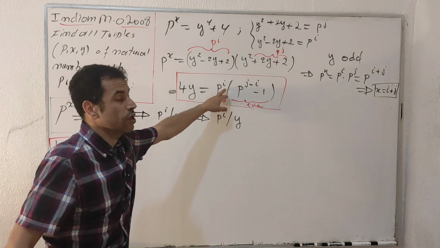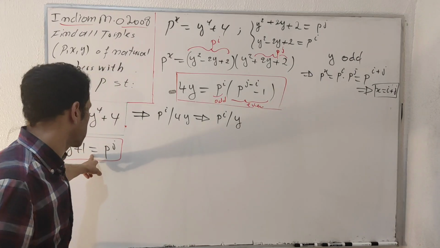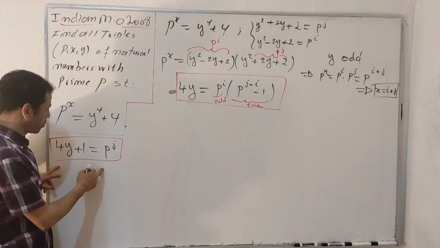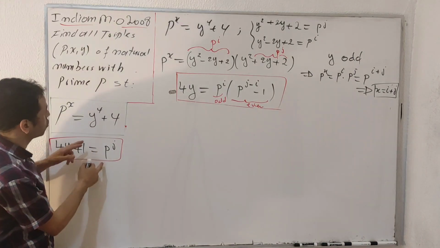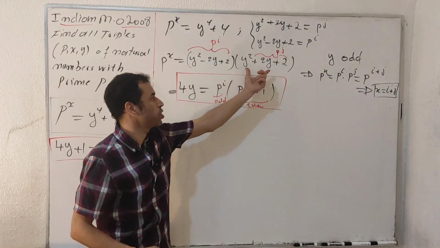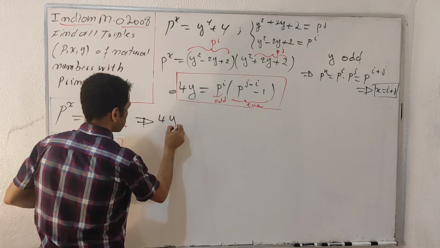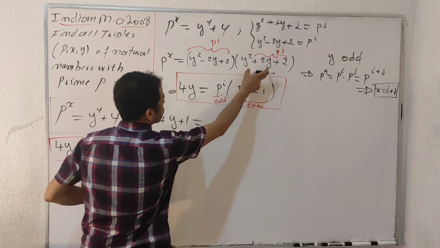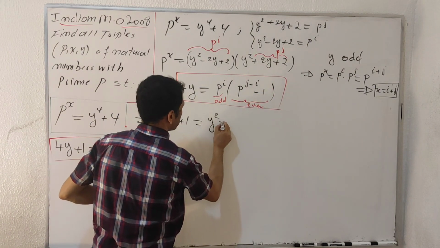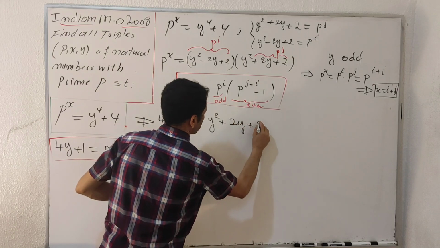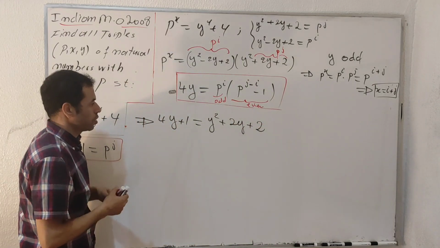Previously we have proven i equals 0 and we came up with this expression. Now I'm simply going to solve this equation. We found 4y plus 1 equals p to the j. p to the j equals this quantity, which means I will have 4y plus number 1 equals this term, y squared plus 2y plus number 2, okay.